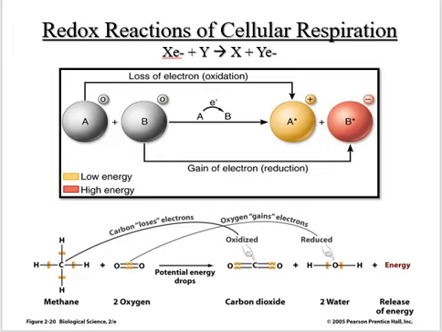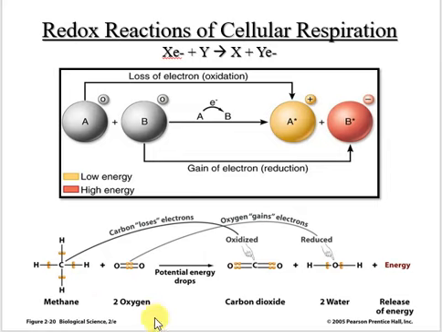The loss of electrons from one substance is called oxidation. The gain or addition of electrons to another substance is known as reduction. You can remember it by the acronym OIL RIG. Oxidation is loss, reduction is gain. If a substance is losing electrons, it's being oxidized. If it is gaining electrons, it is being reduced.